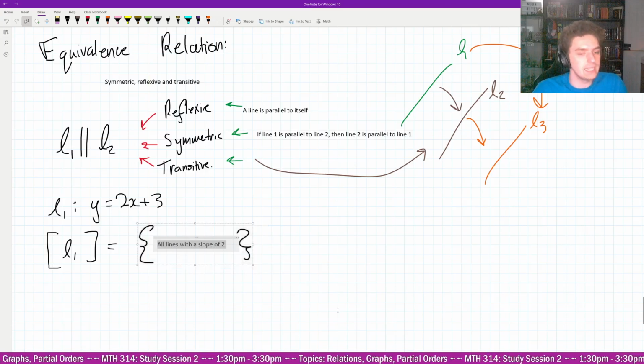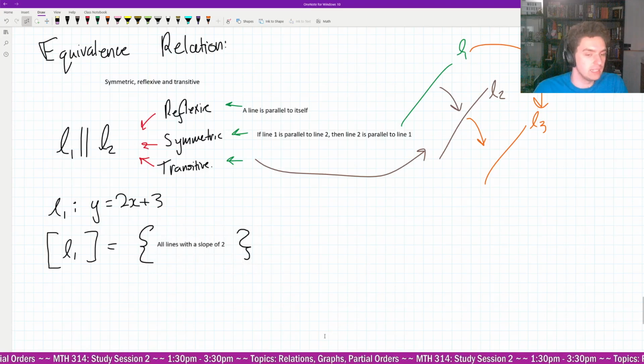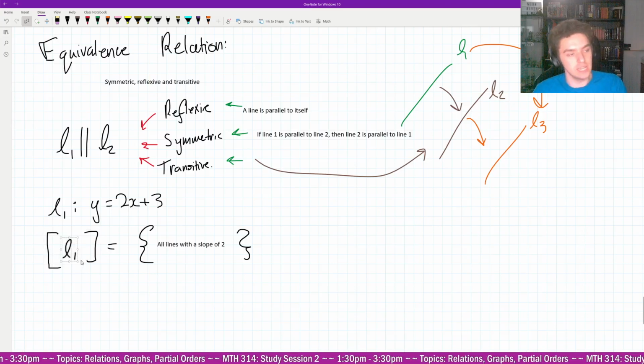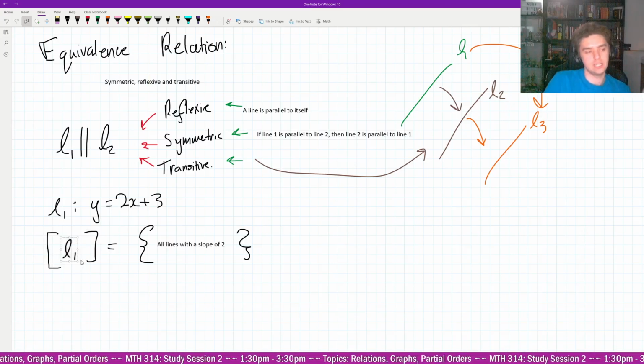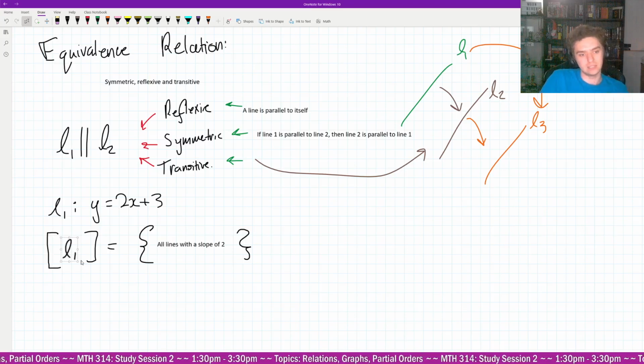Because the equivalence class is just the set of all lines which are related to L1, right? So if you have any element here and you have some sort of relation, that's an equivalence class, and you just want a set which contains all of the elements which are related to L1.